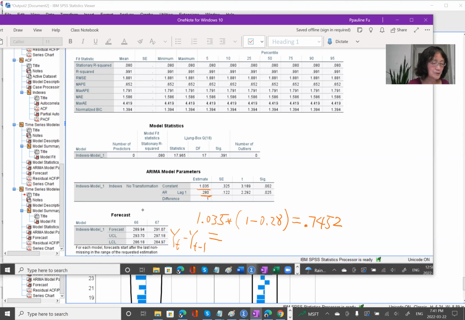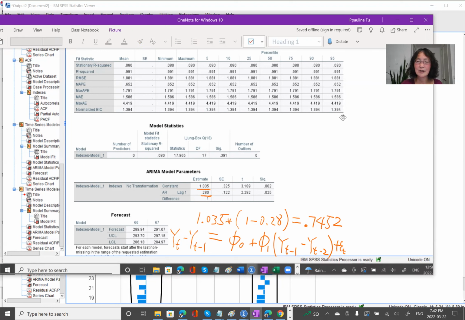This should be equal to a constant phi 0 plus a coefficient phi 1 times the one time lag, so YT minus 1 minus YT minus 2, and then plus an error term epsilon t.